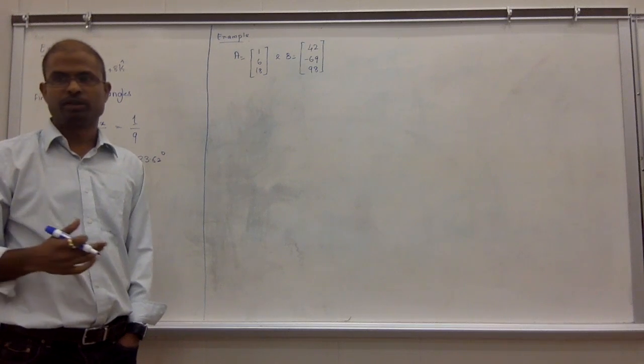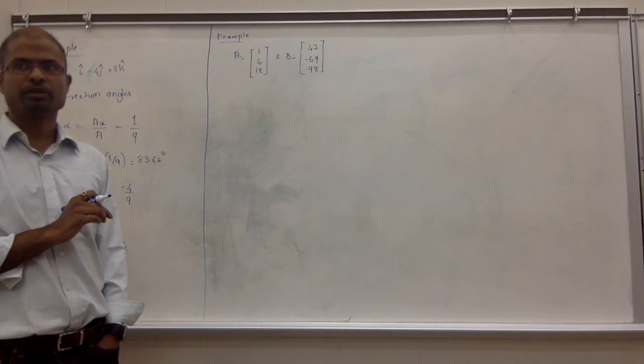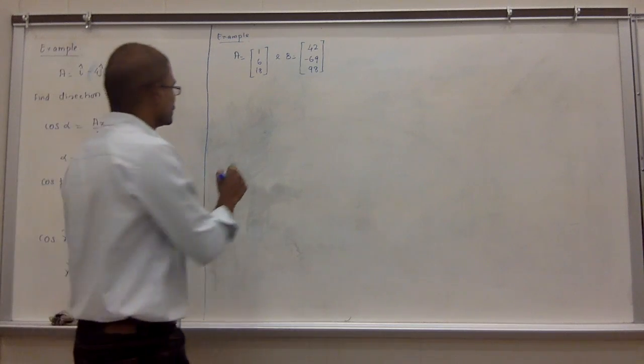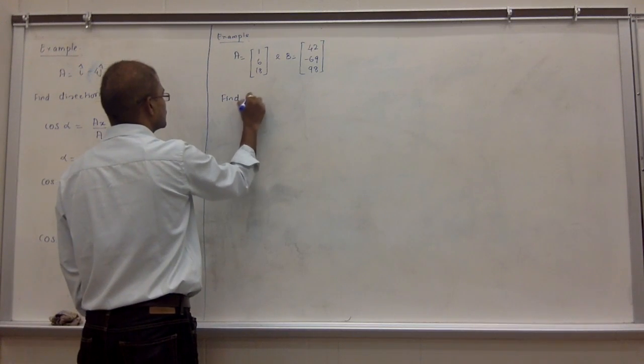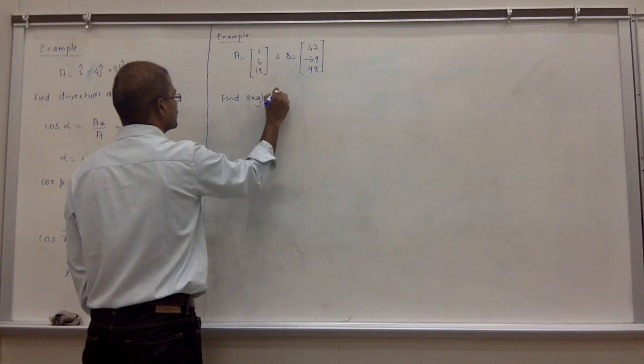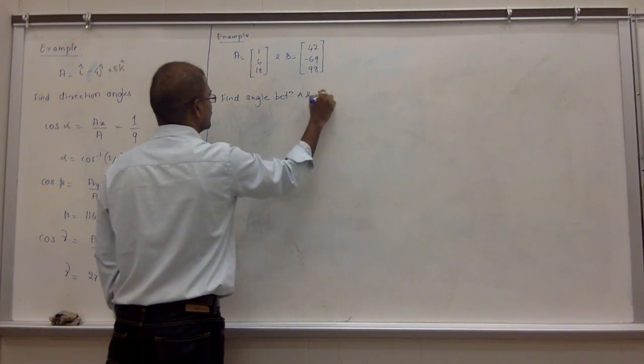Get comfortable with both representations of vectors. Now, how do you find the angle between A and B?